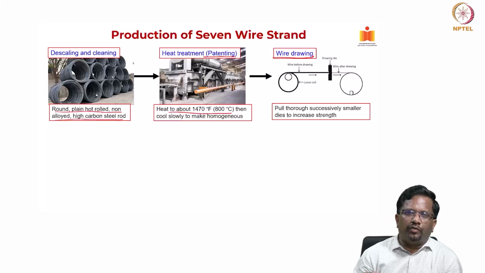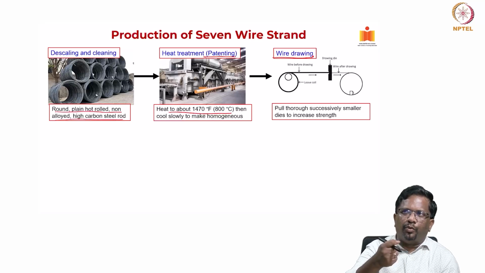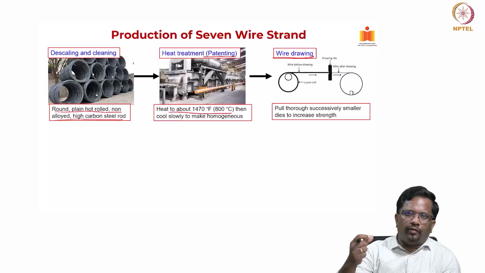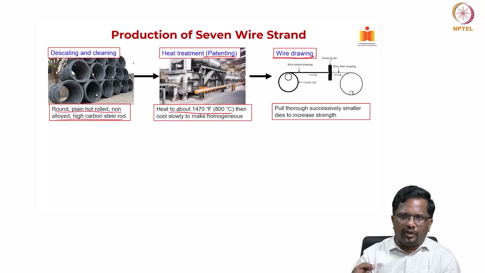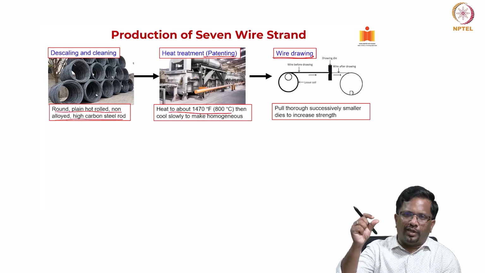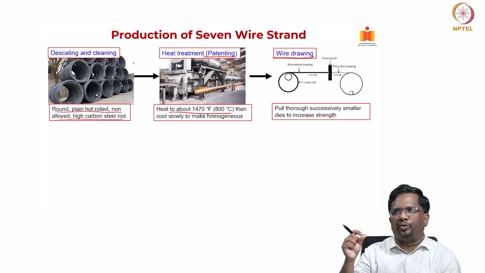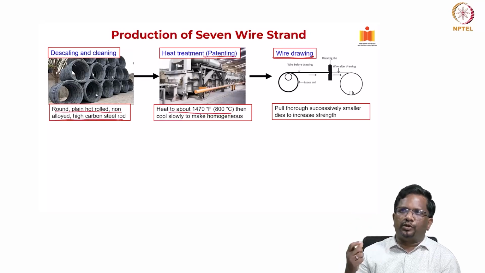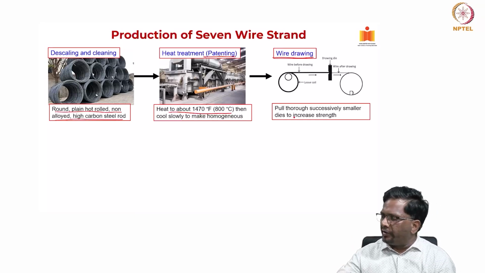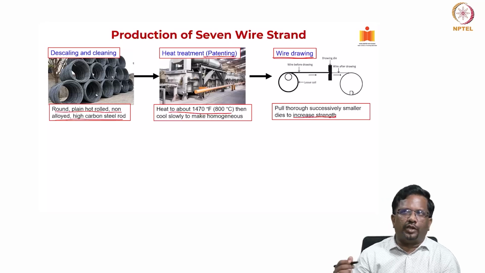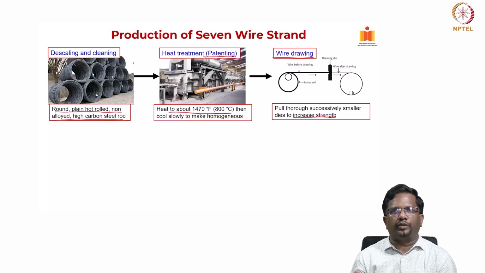What is the meaning of wire drawing? We take that larger diameter and pull it through dies of successively smaller size, so that the size of the wire becomes smaller. During this pulling process, the metallurgical microstructure improves greatly and you get very good strength. That is the process of wire drawing.